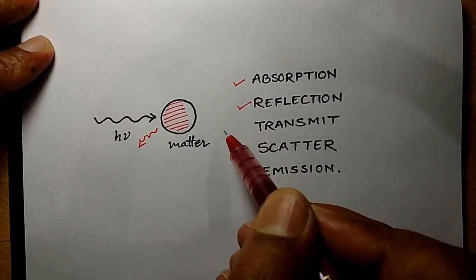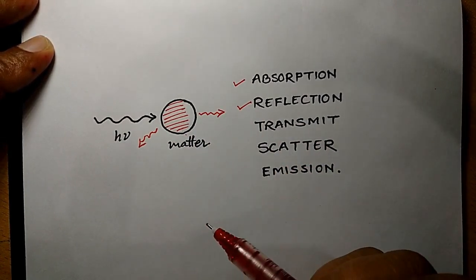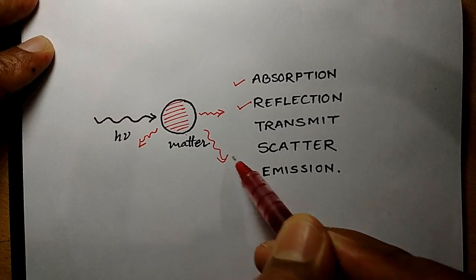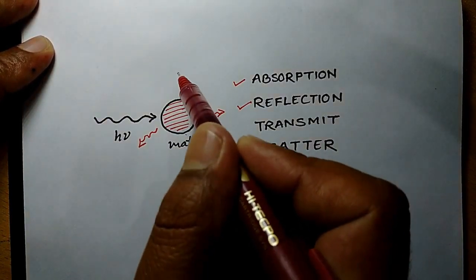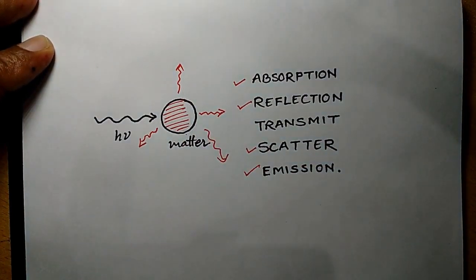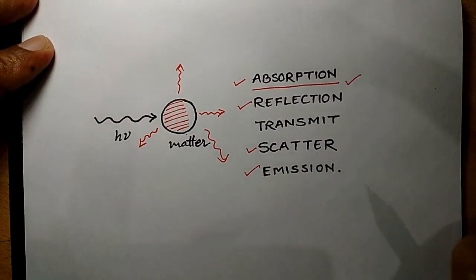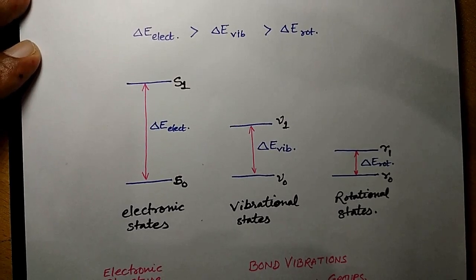So many possibilities are there, but the spectroscopic techniques that we need to study in our curriculum are originated from the phenomena of absorption. So we will be focusing on this aspect of interaction only.